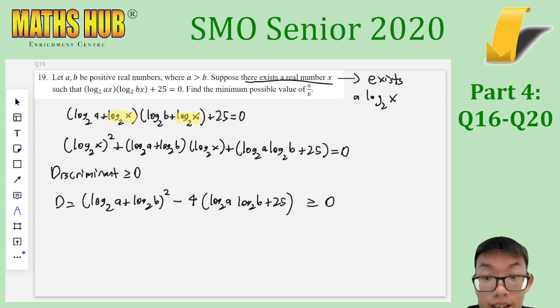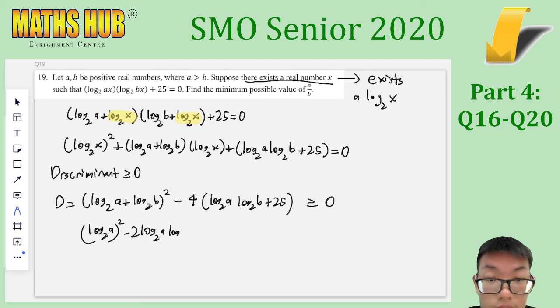If we simplify this, we get log base 2 of a squared plus 2 times log 2a log 2b. However, there is a minus 4, so minus 2 log 2a log 2b plus log 2b squared minus 100 is greater than or equal to 0.